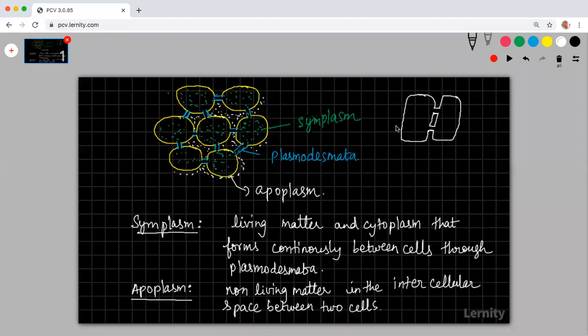I mean, plasmodesmatal connection is seen in all cells which have cell wall, which are multicellular. Protista might not have. Algae might have. Fungus may also contain plasmodesmata-like structures. Any multicellular eukaryotic organism will have these kinds of connections.